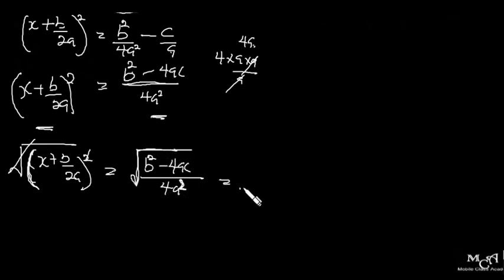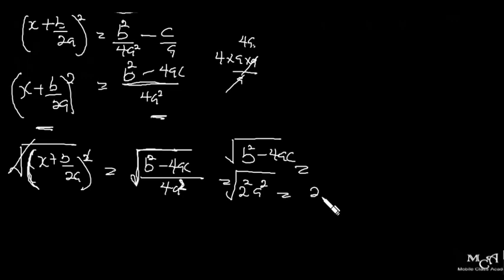4 is 2 raised to the power of 2. A squared is a raised to the power of 2. So if you find the square root of the denominator, it will give us 2a, and we have the square root of b squared minus 4ac over 2a. The reason is 4a squared is a perfect square.